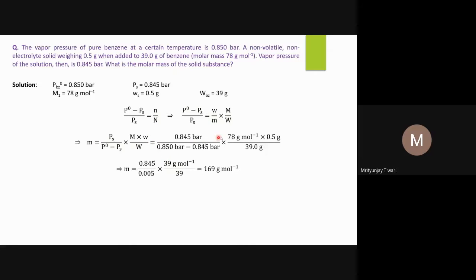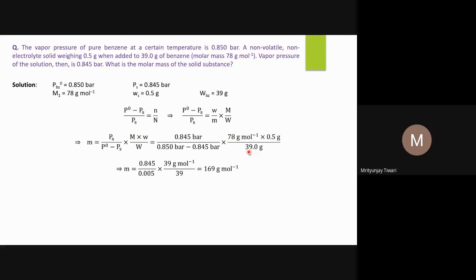So now I can put the values. The value of Ps is already given, the vapor pressure of the solution 0.845 bar, divided by P naught, the vapor pressure of the pure solvent 0.85 bar, minus this Ps. Again, the value that we can write here, into the molar mass of the solvent 78 gram per mole, into the mass of the solute in gram, which is 0.5, divided by capital W, the mass of the solvent in gram, which is 39 gram here.